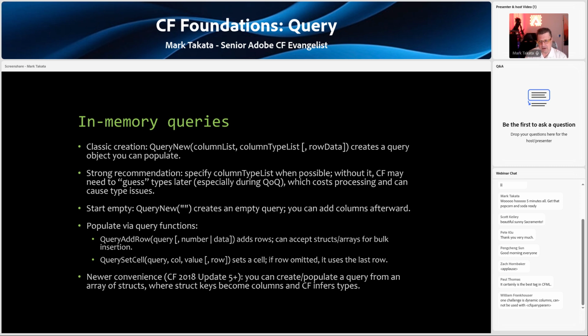Big recommendation here. In CF query, it can actually pull the data types automatically. It knows what it's getting. When you're creating a query new, it doesn't know what the types are, so what's potentially going to happen is it's going to do an inference.